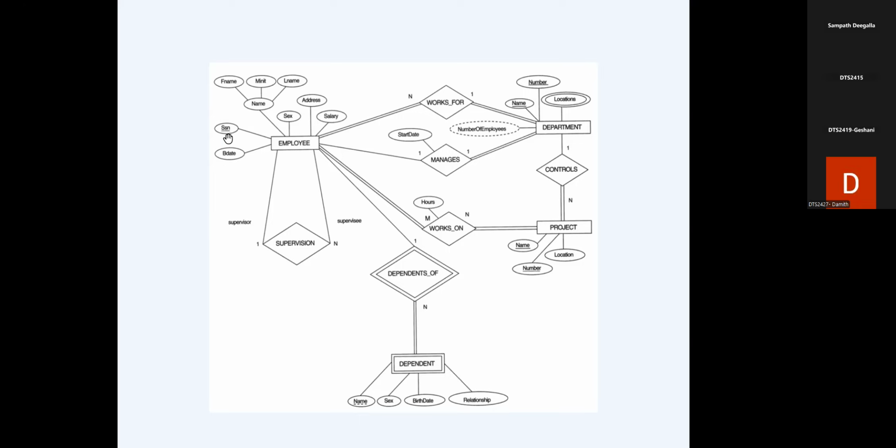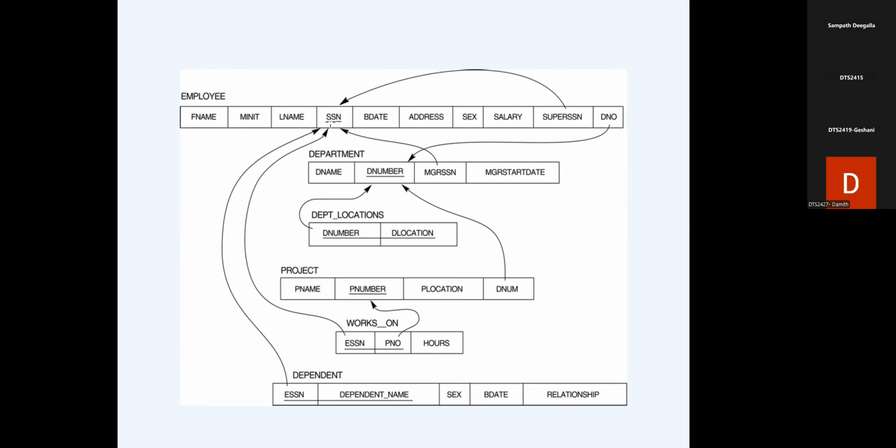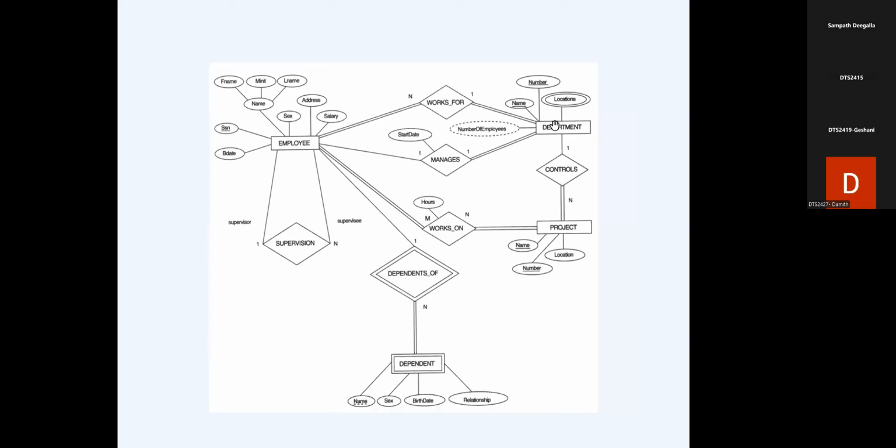And we have only one key attribute, and we take this as the primary key. So you will see here, right? Similarly, if you take the department, we take the simple attributes, that is name and number, but take only one of the key attributes as the primary key, right?